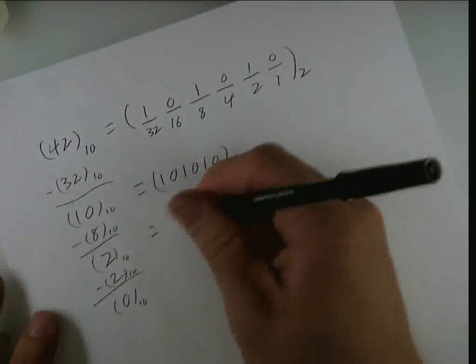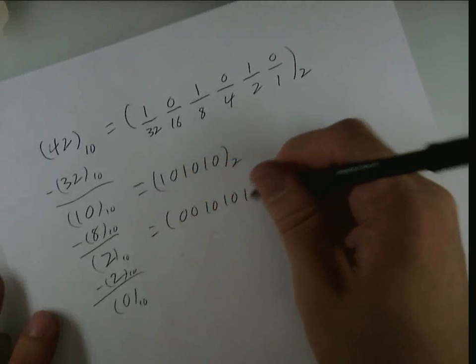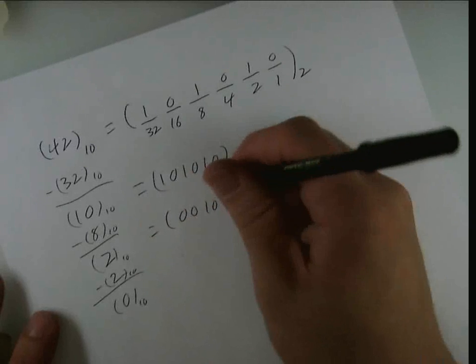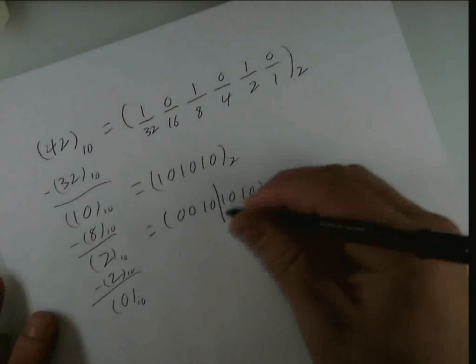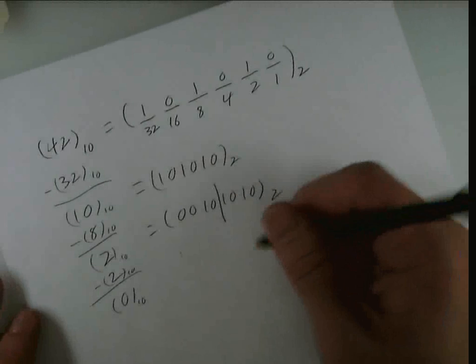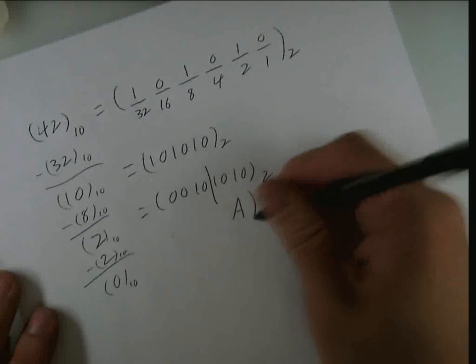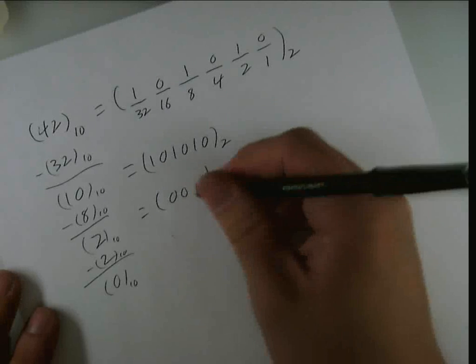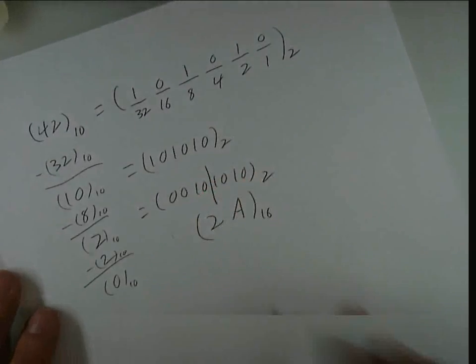So this is, again, equivalent to 0, 0, 1, 0, 1, 0, 1, 0, base 2. I'm going to put our little dividing line there. And so this is 8 plus 2, which is 10, which equals A in hexadecimal. So I've got A, base 16, and 2. And now I've got my hex.